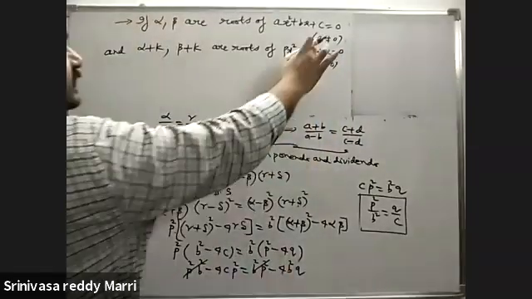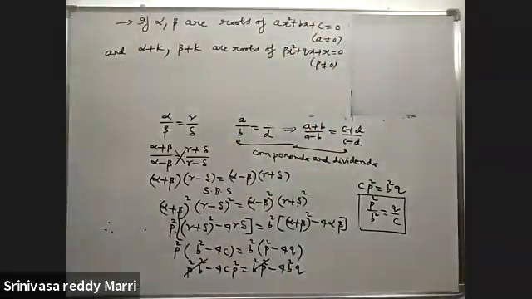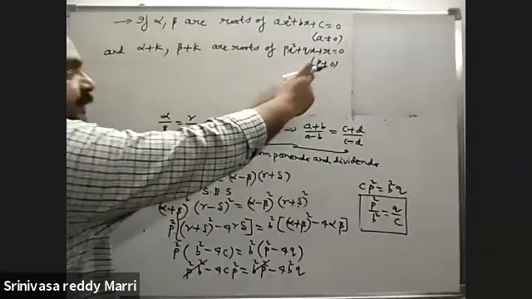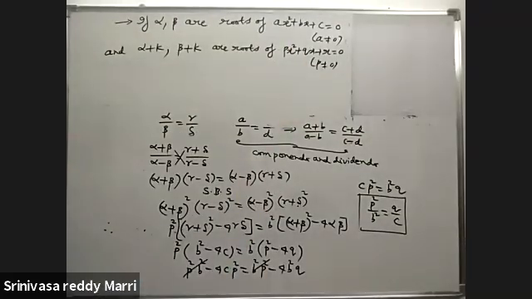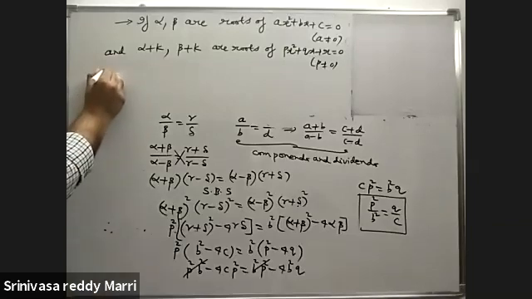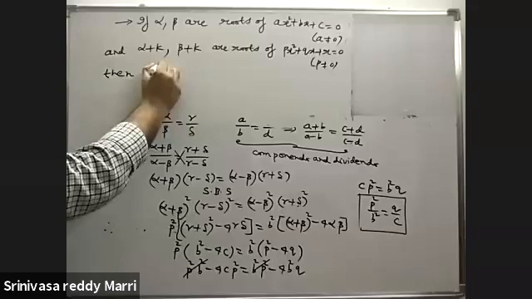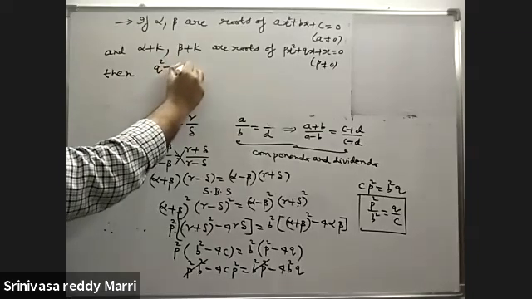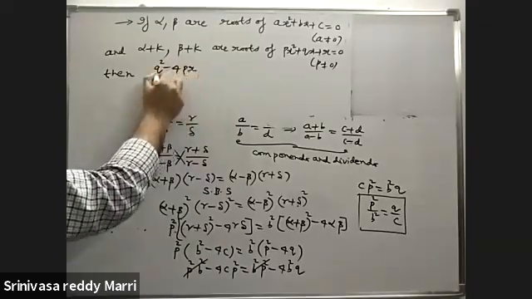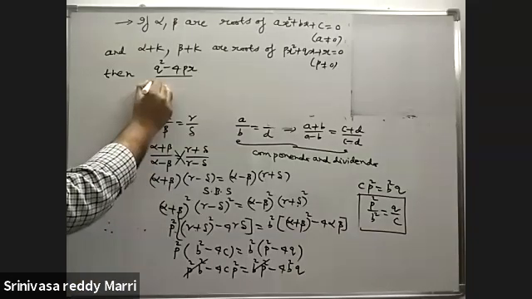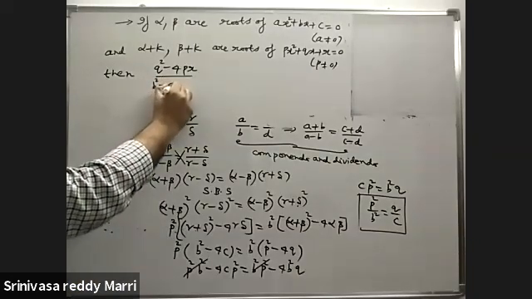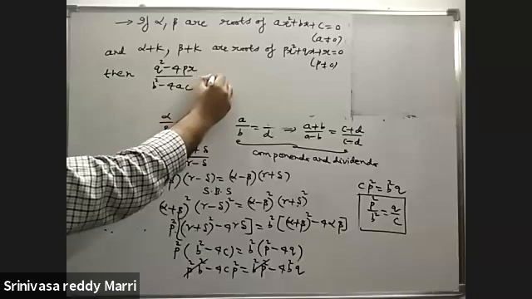Why will he give me this? Because it is quadratic. If a equal to 0, it will not be quadratic. Similarly, if p equal to 0, it will not be a quadratic expression. Then what he is asking is the value of (q square minus 4pr) divided by (b square minus 4ac).